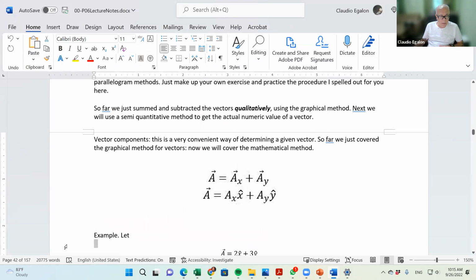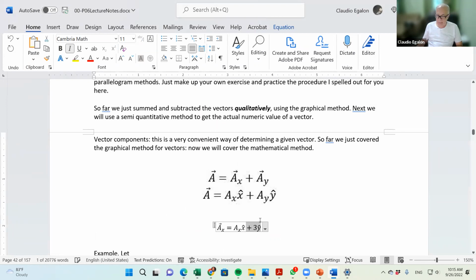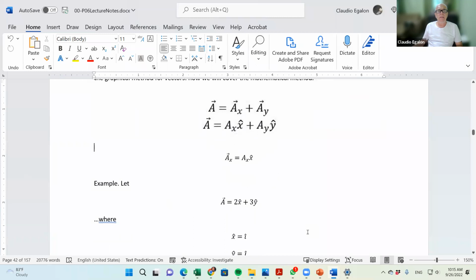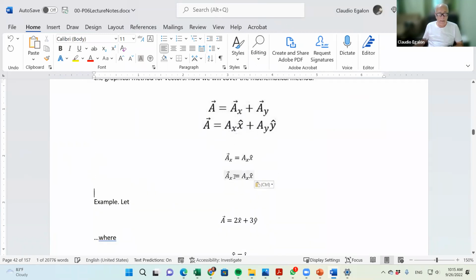I'm going to write it down here. Here you go. My A sub X vector can be written down as being the scalar component a sub x, which can be either negative or positive, times the x hat vector. That's what we did. It's very convenient to do that.